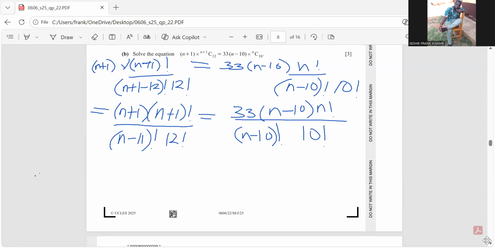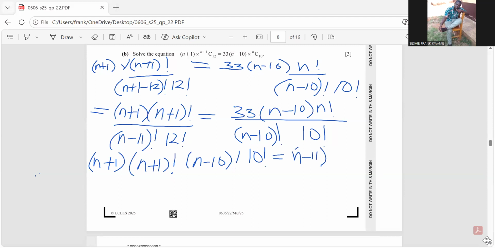So note that if I cross multiply, the top we can look at as (n+1) factorial times (n-10) factorial times 10 factorial, and that should be equal to (n-11) factorial times 12 factorial, cross multiplying 33 times n factorial.